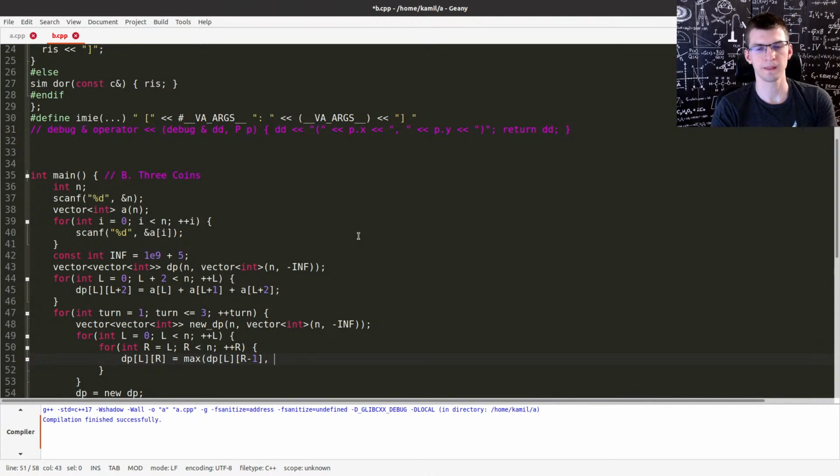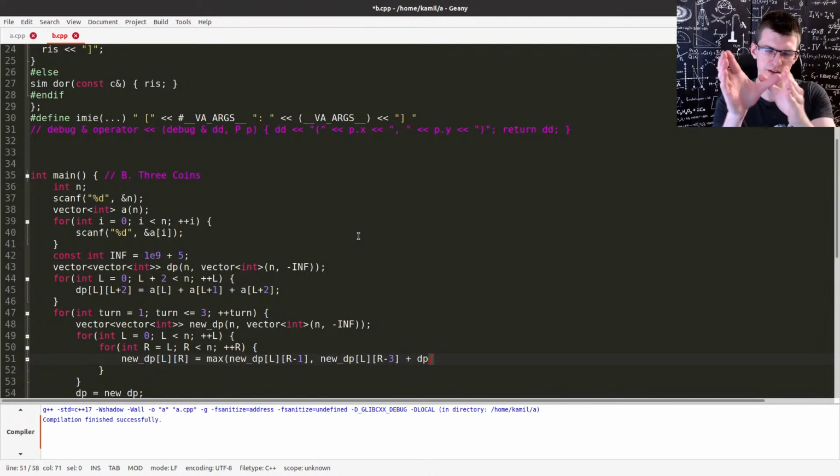Either this, dp of L, R plus 3, plus previous dp, new dp. New dp represents new stage. R minus 3 plus the previous dp, the red hole, from R minus 2 to R. Oh yeah, like that.